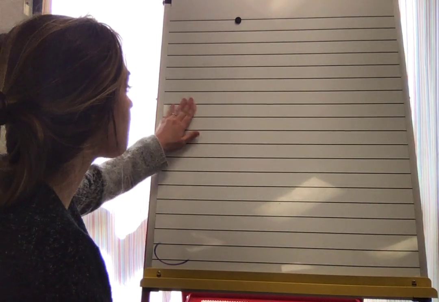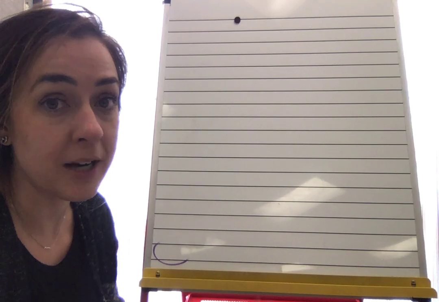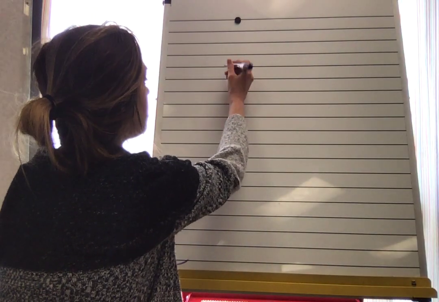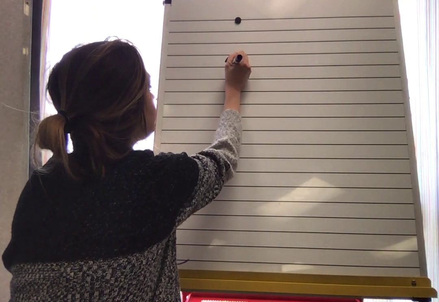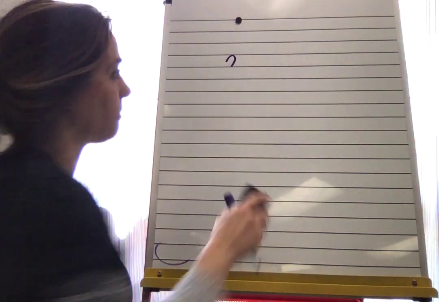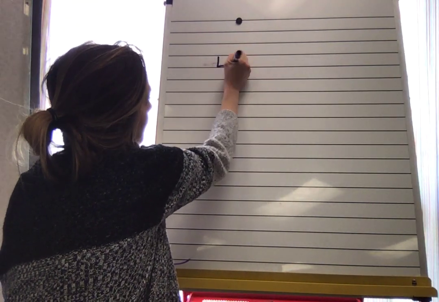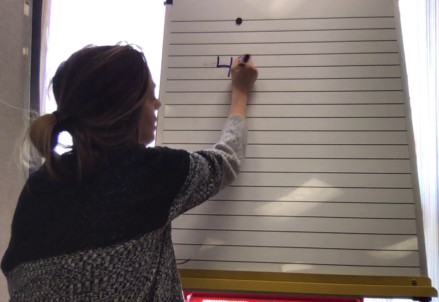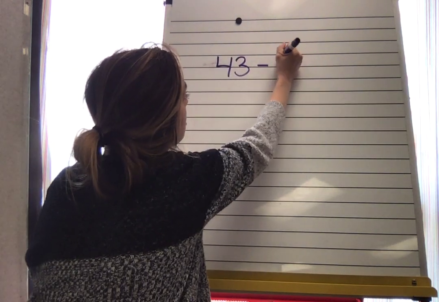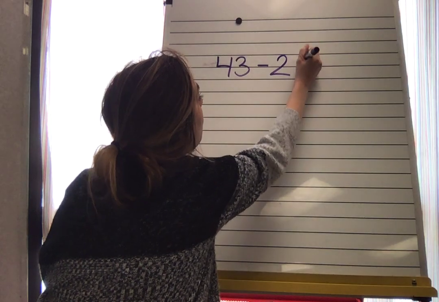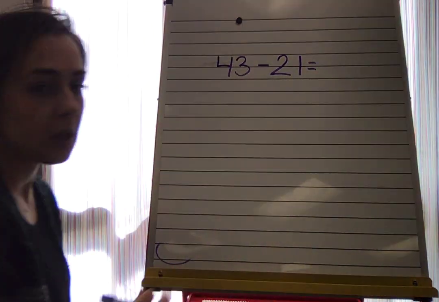So for a subtraction problem, remember I always need to write the bigger number first. So I'm going to do a bigger number. I'm going to do 43 minus 21. All right.